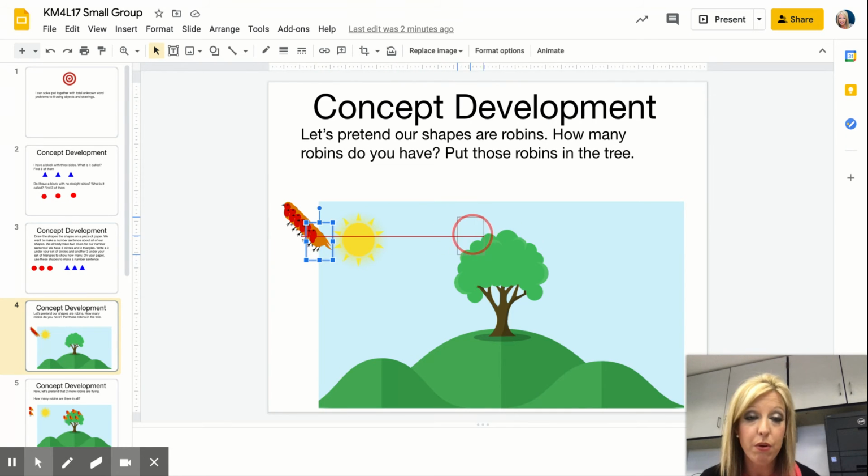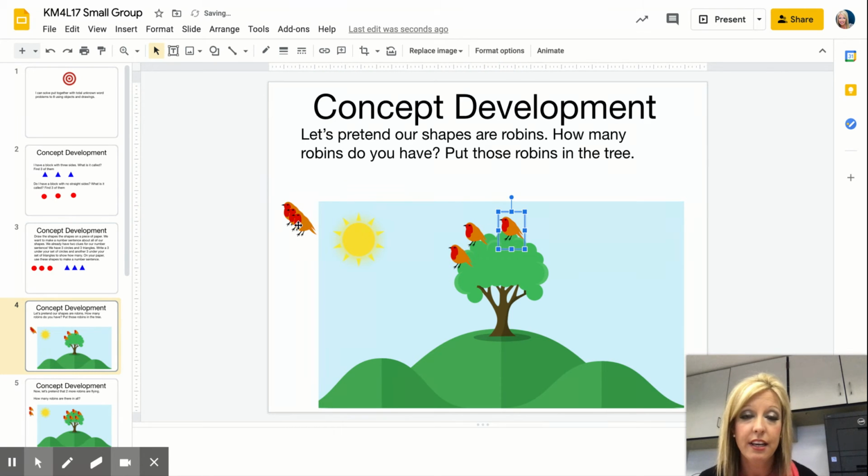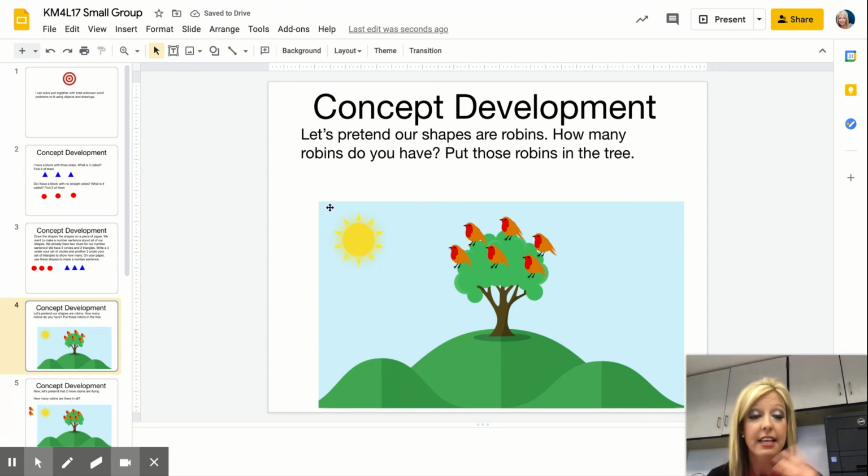So I'm going to put them in my tree: 1, 2, count them with me, 3, 4, 5, and 6. So I have all of the robins in my tree, and we wanted to change from shapes to robins, and we had 6 shapes total. Now we have 6 robins.